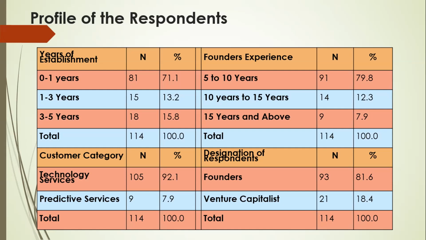Then the founders' experience, which is 5 to 10, 10 to 11, and so on. The customer category is technology service and predictive services. The respondents are either founders or venture capitalists whom we have surveyed.